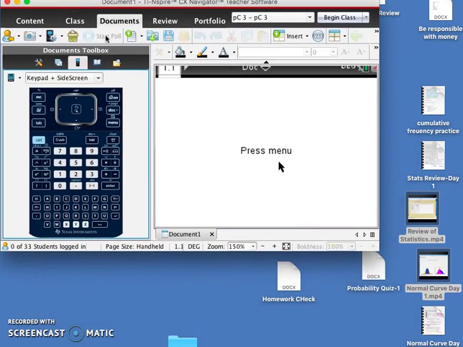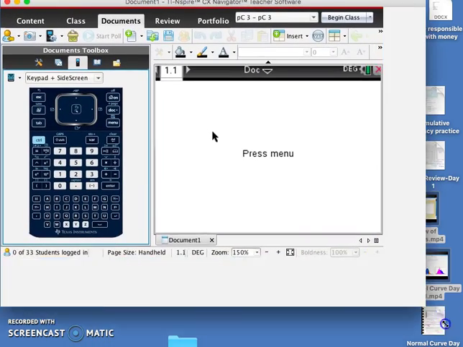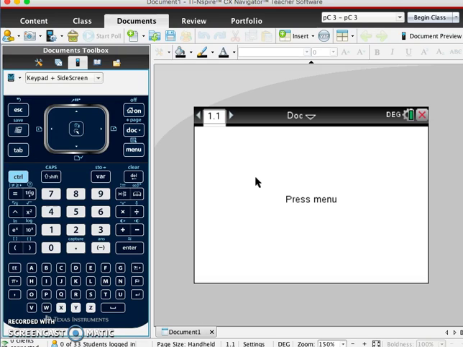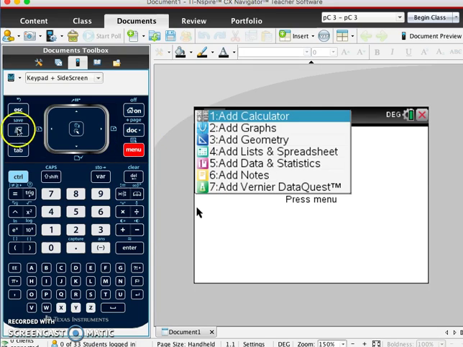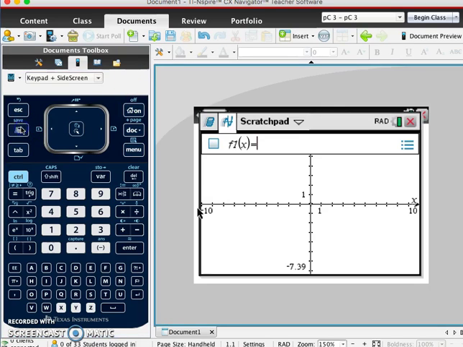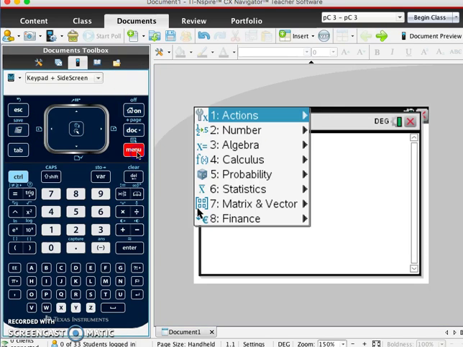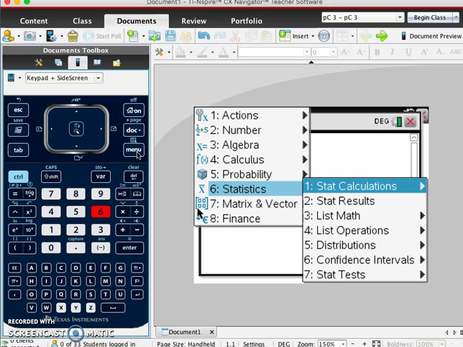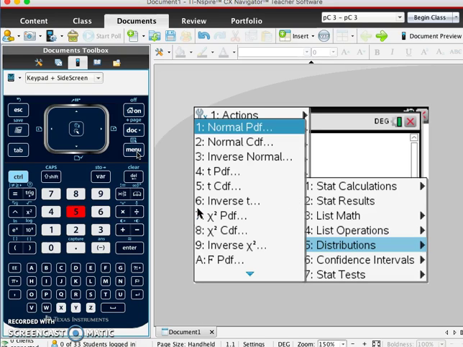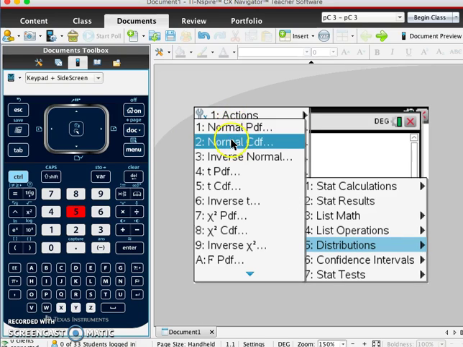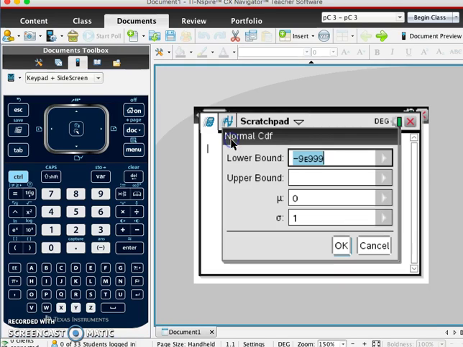So here is our calculator. Make this a little bit bigger. They want to weigh more than, what was it, 59 grams. So we go to menu. Whoops, let me get to that scratch pad. So menu, number 6, statistics, number 5, distribution, and we want a normal CDF.